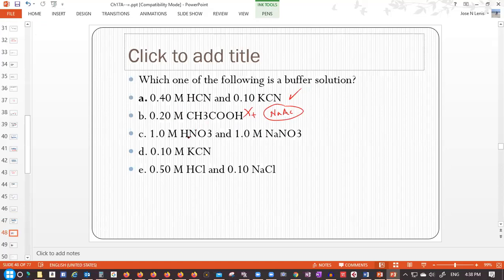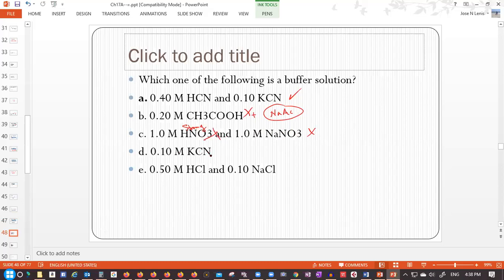This one, HNO3, it's an acid, and this is a salt containing the conjugate base. Is this a buffer? No. Why not? Because this is not a weak acid. This is a strong acid, and the requirement says it has to be a weak acid or weak base. So, no.